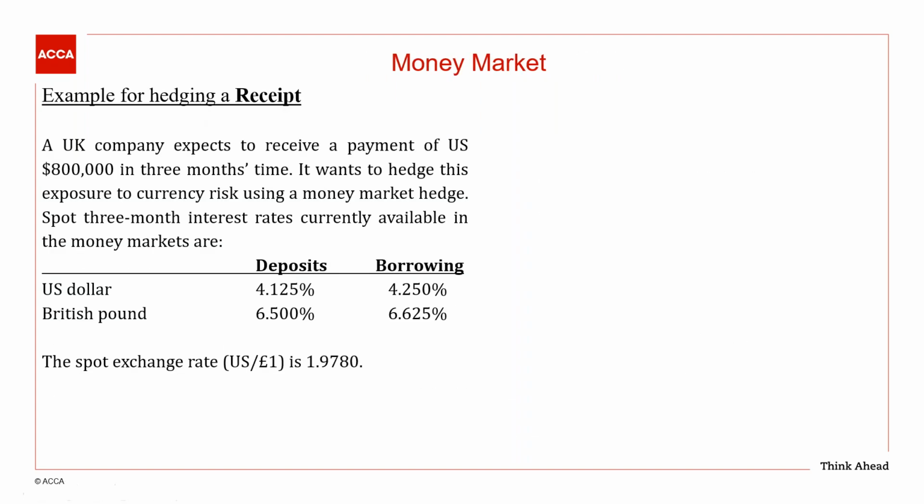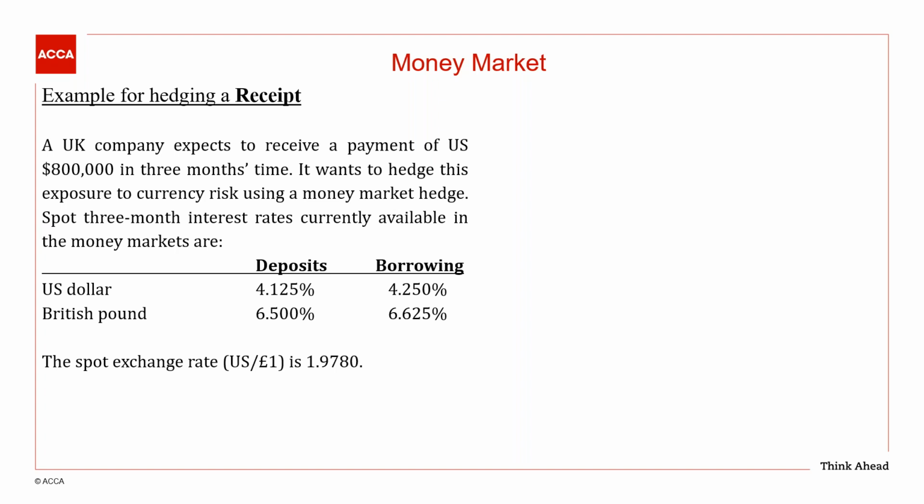Okay, we have money market hedging. Money market hedging on the other side is the use of money market to hedge risk. And money market is a market where you borrow money for a shorter period of time, or you invest for a shorter period of time.